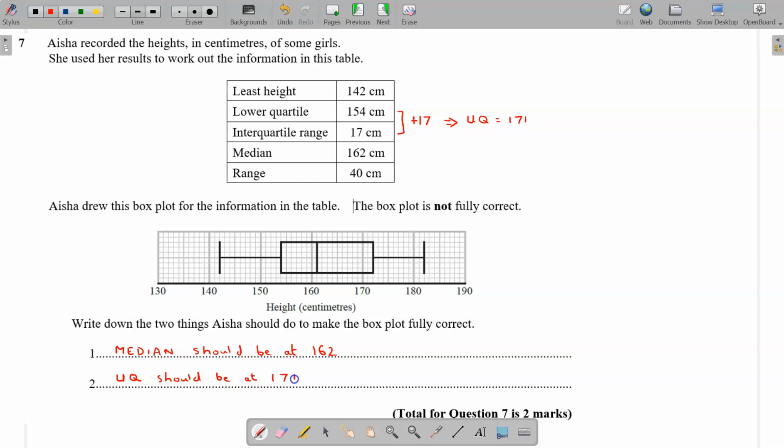I've identified 2 things. You could mark those on the graph if you wanted to as well, I suppose, just to make it clear what you were doing. I'll just put a little dash there and there to show the 2 things that I identified as being wrong, but I think you need to write them down in there as well.